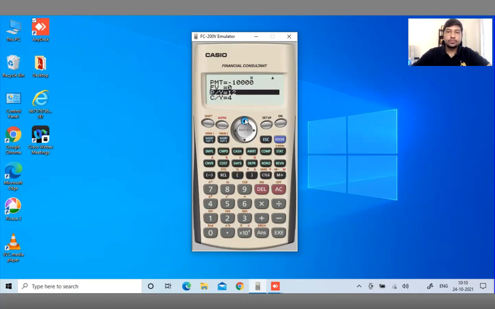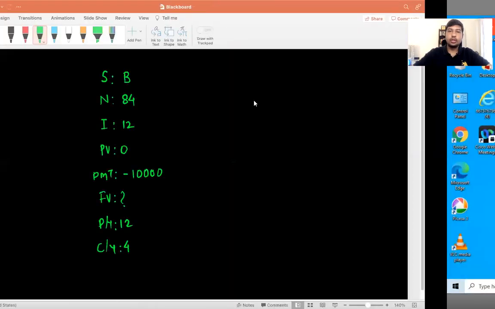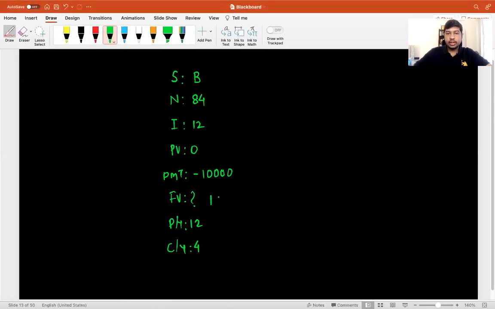That's how you will input this, and then go to FV and press solve. What you should get is 13,13,601. This is your answer. Note this answer down. When you get access to the calculator, you can solve this and see if your answer is matching.